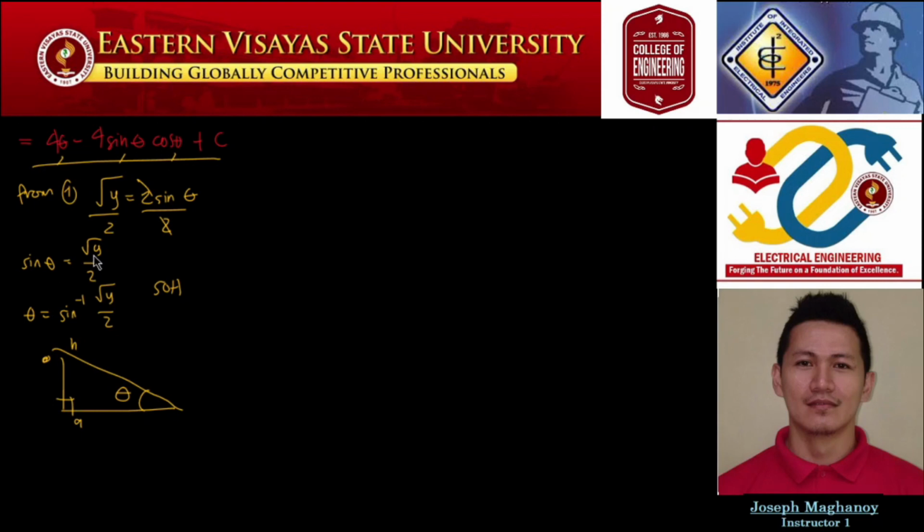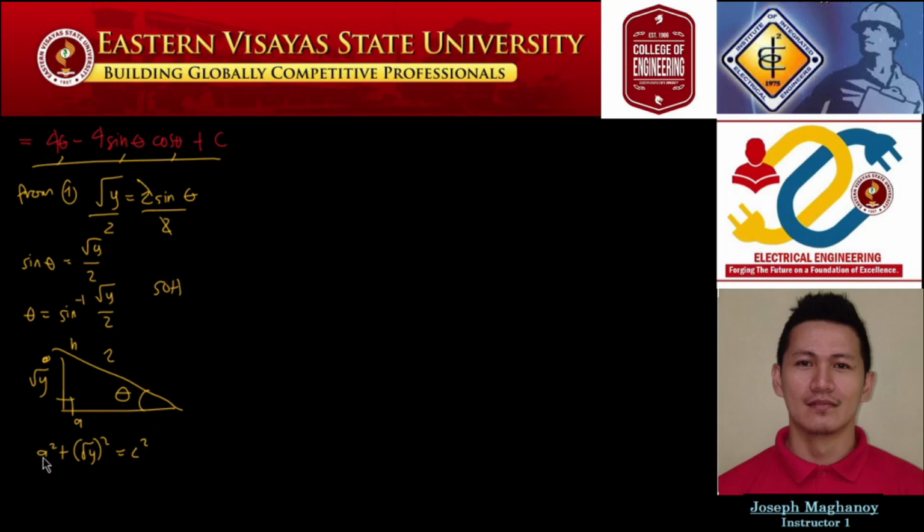So the square root of y is your opposite, and your hypotenuse is 2. So we need to determine the adjacent. For example, a squared plus the square root of y squared is equal to 2 squared.